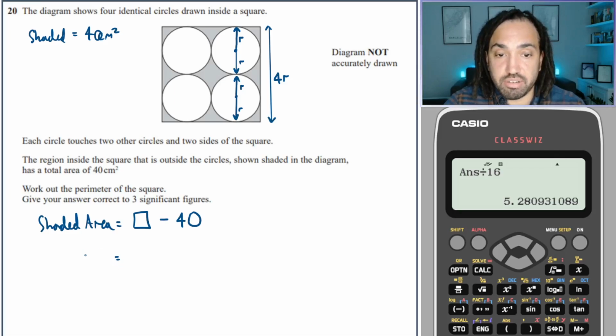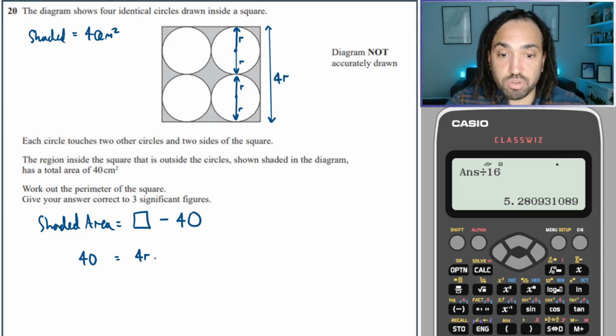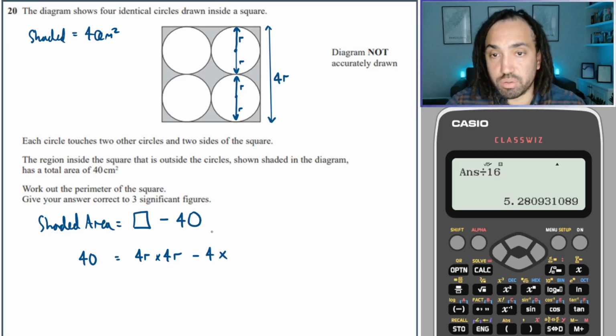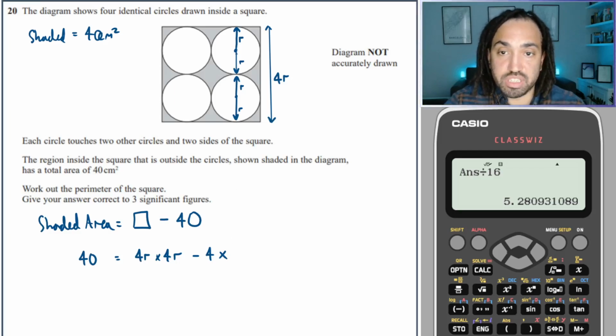So the shaded area is 40, as given in the question, and the square, well, is 4R times by 4R, base times height, or length times width, minus 4 times the circle, which is, because we've just designated this as R, just pi R squared, isn't it?